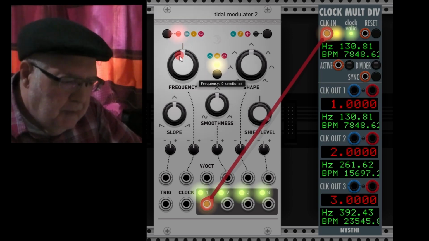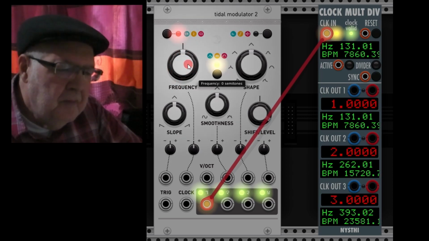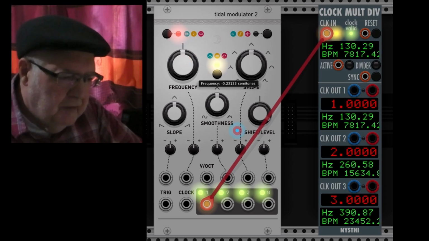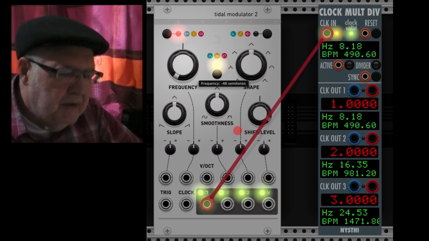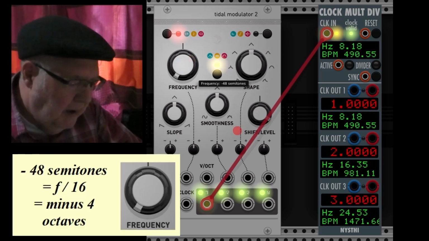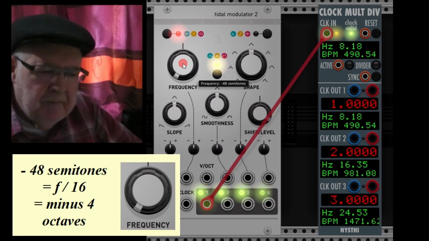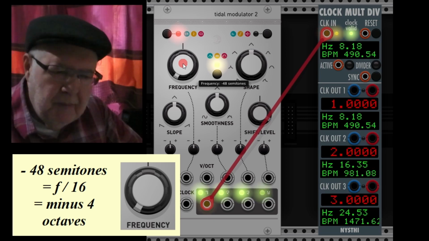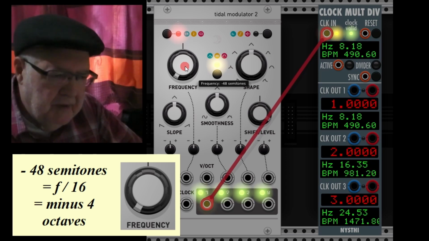When I turn the frequency potentiometer below to the left, the frequency decreases by 4 octaves, or the frequency determining voltage by 48 semitones.